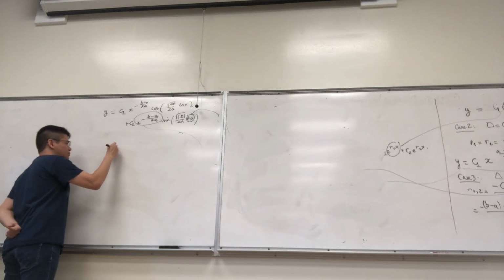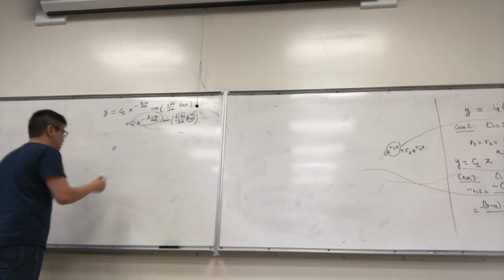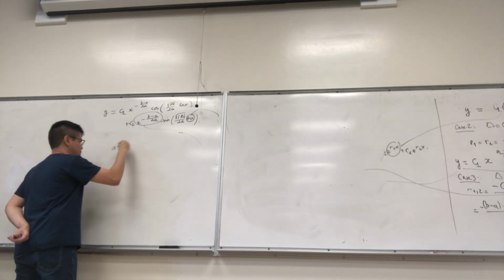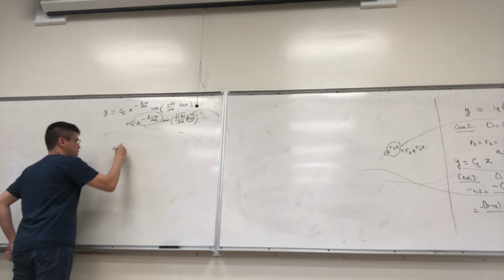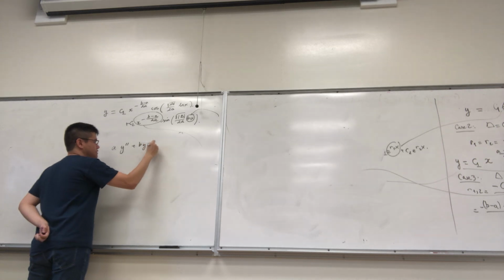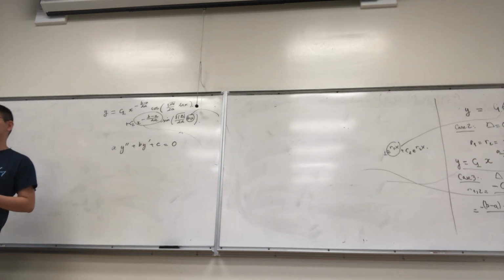In the first case, you have a y second plus b y prime plus c y equals 0. How do you find the characteristic equation? Where does the characteristic equation come from?